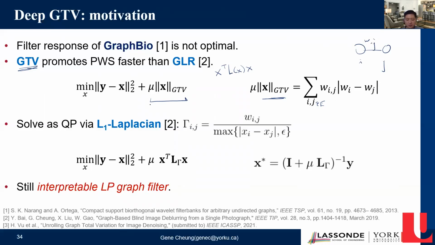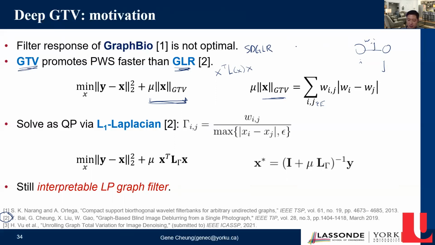So what is the difference of using GTV instead of GLR? It has been shown in one of these papers, reference 2 here, that even though both promote piecewise smoothness, and again, we're talking about the signal-dependent graph Laplacian regularization, right? It's not just GLR, it's signal-dependent graph Laplacian regularization.